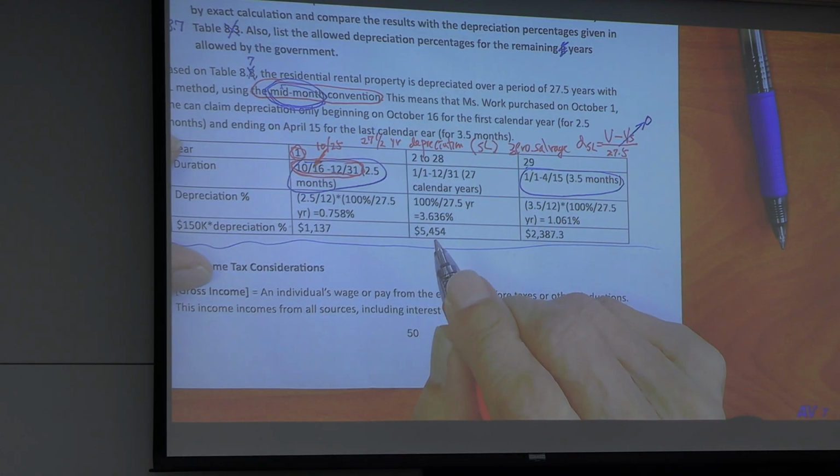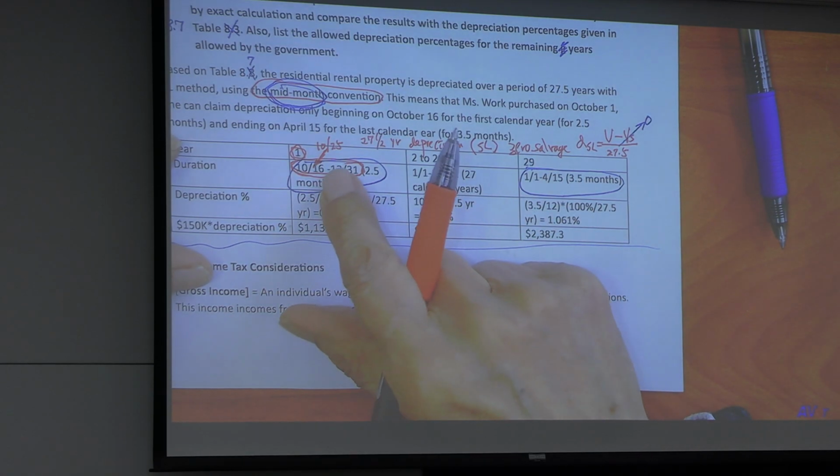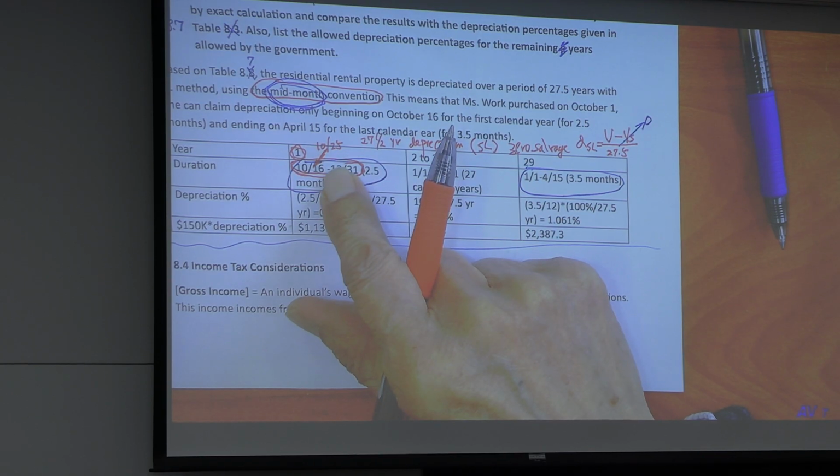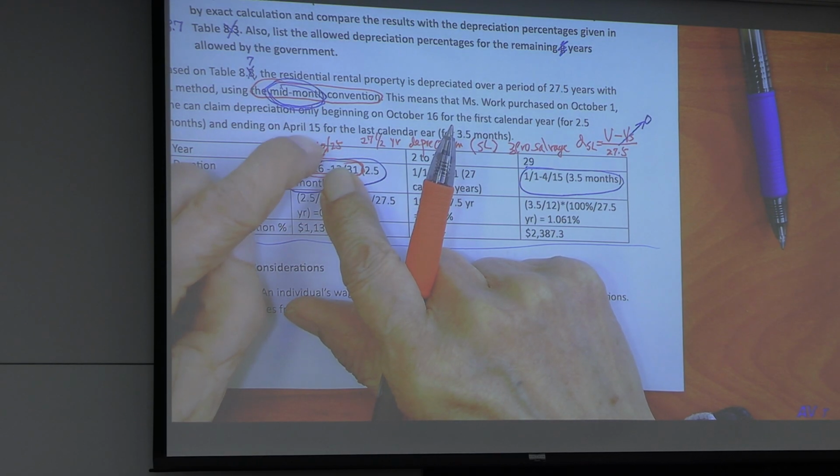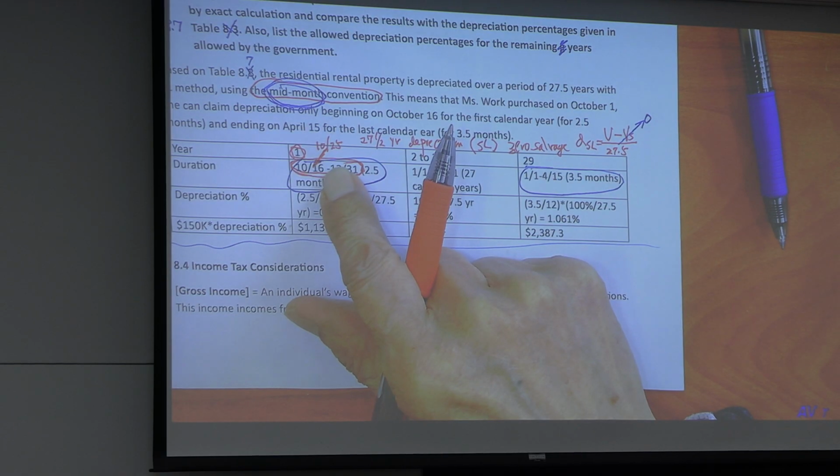Always start on year 1, middle of the month. So, you bought it October 10, you cannot depreciate it until October 16. You bought October 25th, you can start depreciation October 16. That's what mid-month convention is.